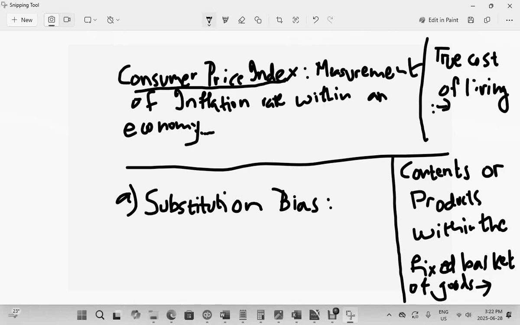As a result, the substitution bias basically says, hey, listen, when it comes to the true cost of living, if you assume the true cost of living based on fixed contents of goods, it may overstate or understate the true cost of living.